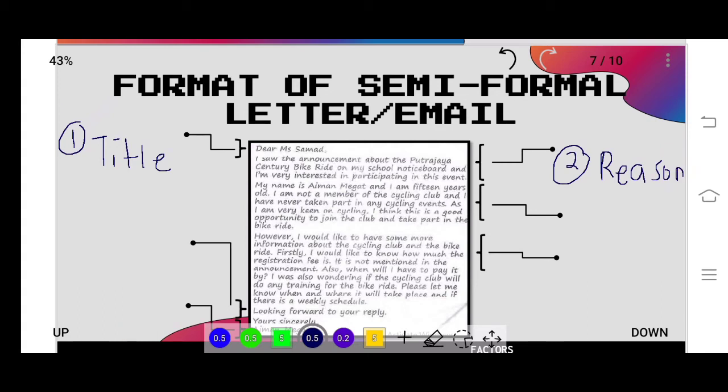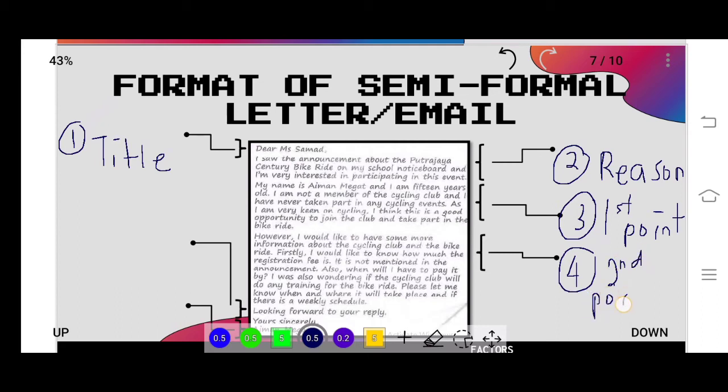Let's move on to number 3. What is number 3? First point. Okay, good. Number 4, what is number 4? Number 4 is the second point. Okay, good. So, what is number 5?